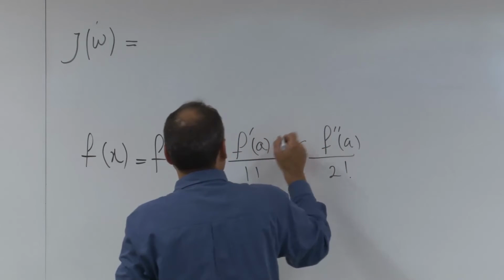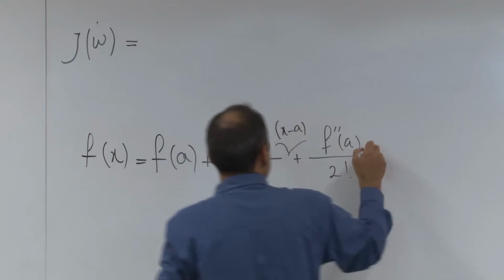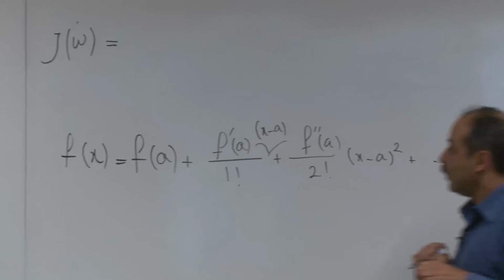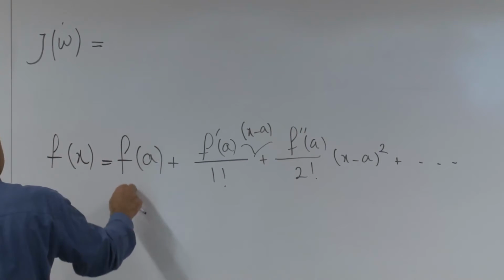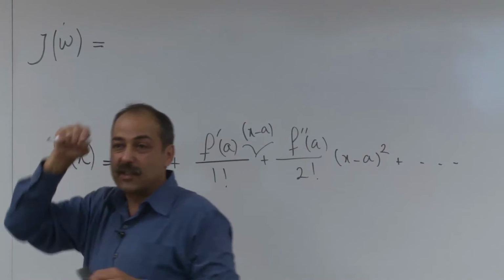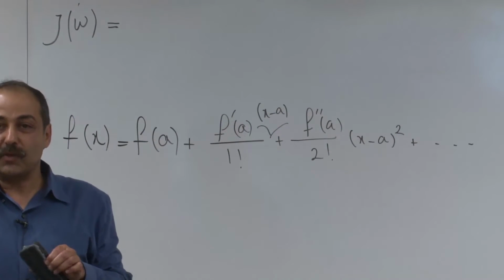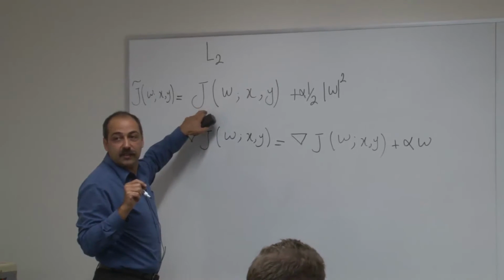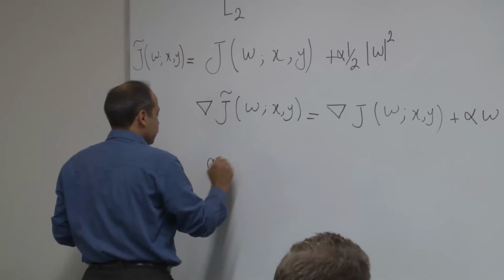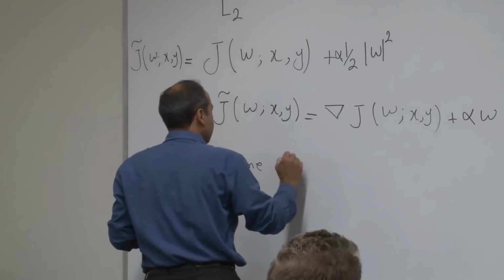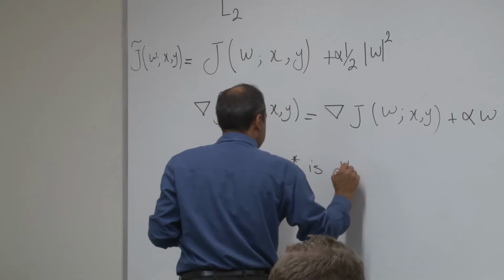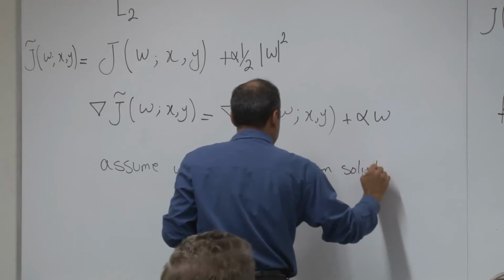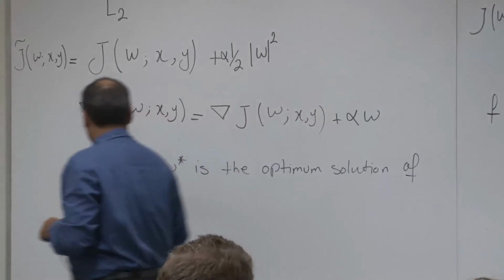Sorry, there is x minus a here, and x minus a squared here, and so on, right? So let's expand this function at w star. And w star, I assume, is the optimum solution of J. So let's assume that w star is the optimum solution of J.